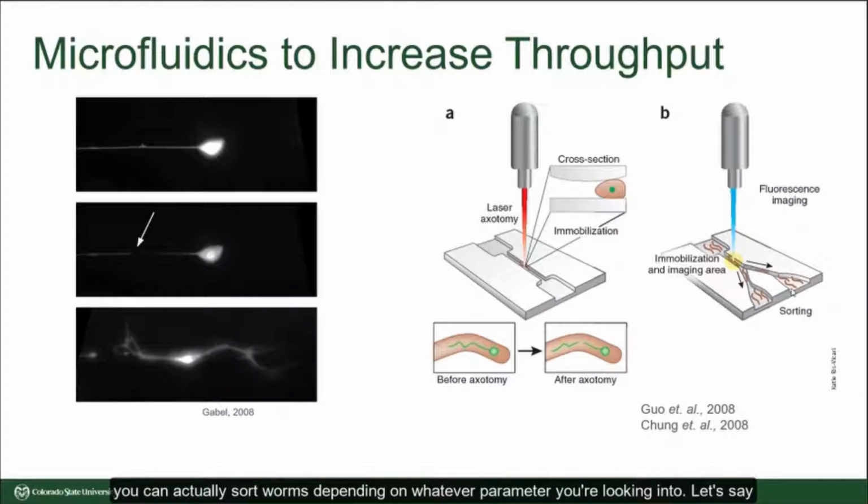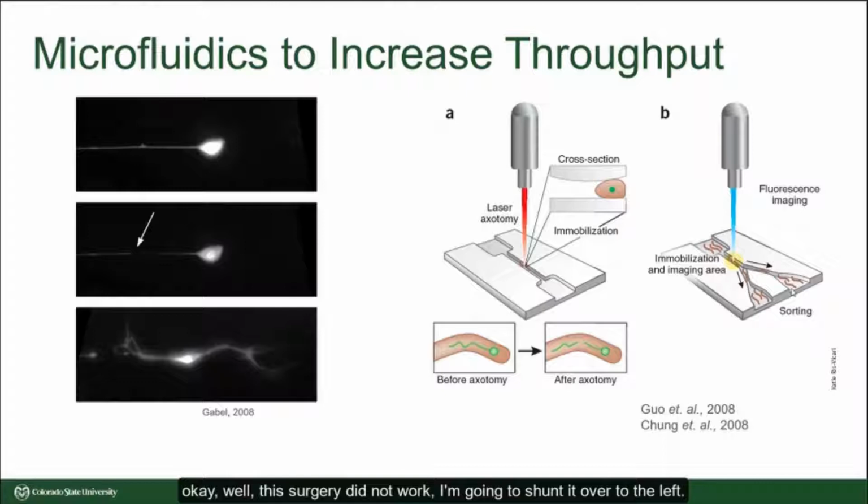So let's say you wanted to look at some type of screen, or something like neuroregeneration in C. elegans. Let's say I flow in a bunch of worms here. They come into this channel, trapped now. You have a laser that can sever your neuron of interest. And now it goes into a different sorting device that says whether or not this process was successful.